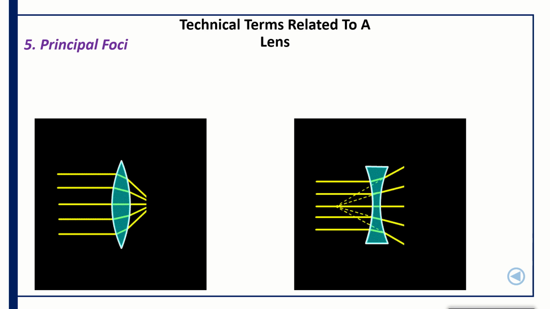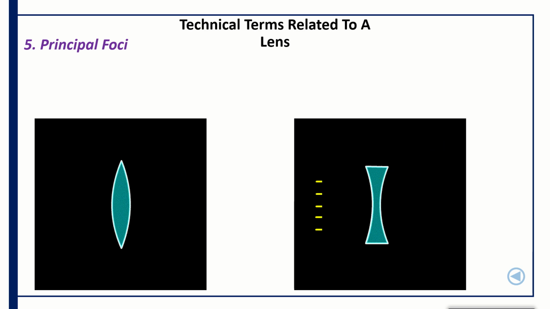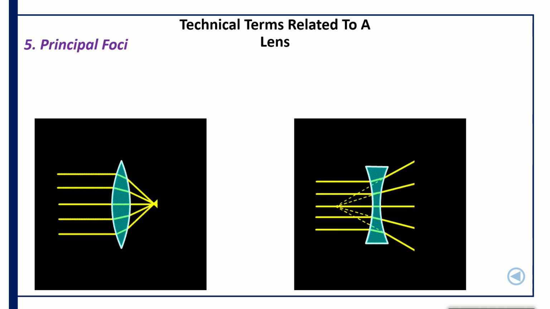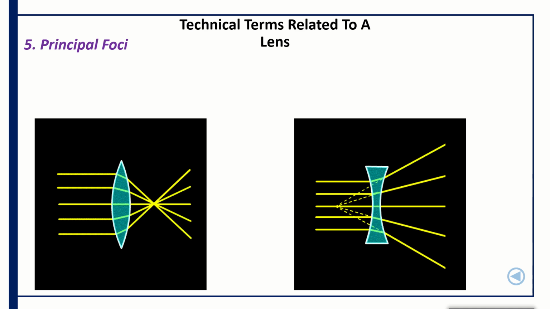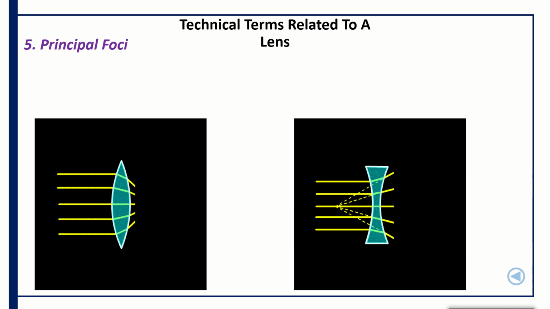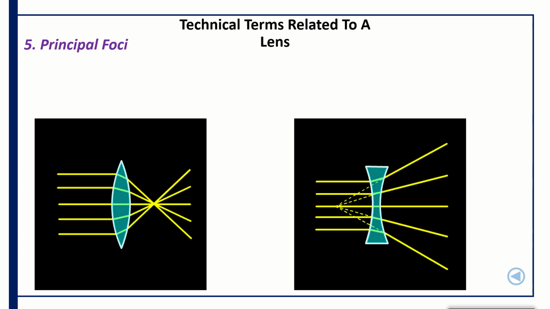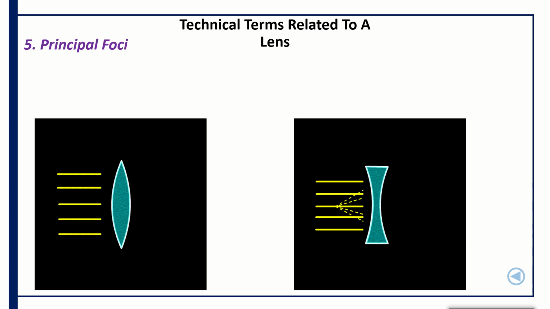In case of a divergent lens, what is happening here? When a beam of light falls on the concave lens, it gets diverged. If I extend all the divergent rays, they will meet at one single point and it feels like the rays of light are emerging from that single source point.